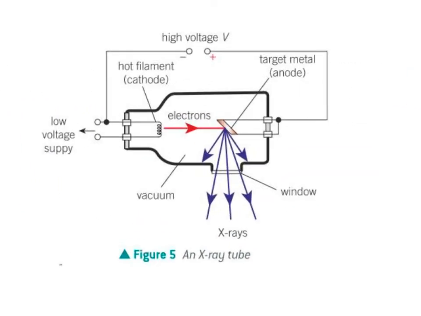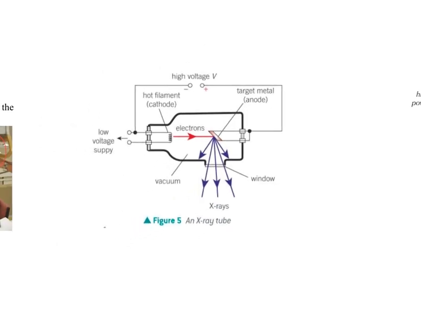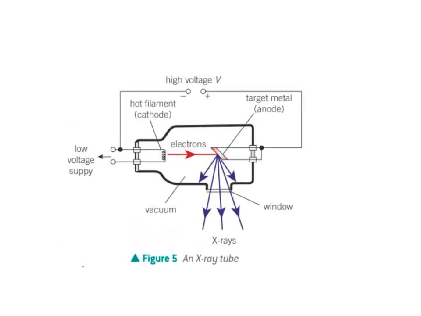So this is an X-ray tube. I will talk through how it works. You need to know all of its components and how the X-rays are actually produced in an X-ray tube. So a few of the key features is that you always have a really high voltage between the anode and the cathode.